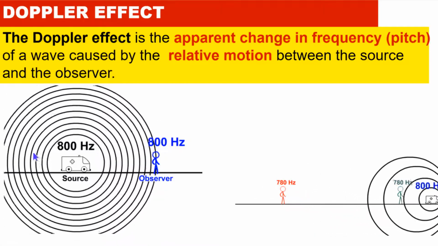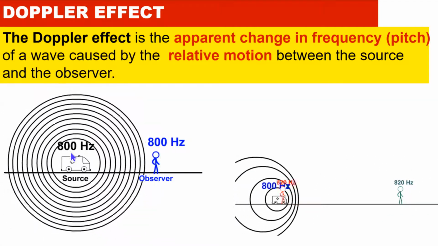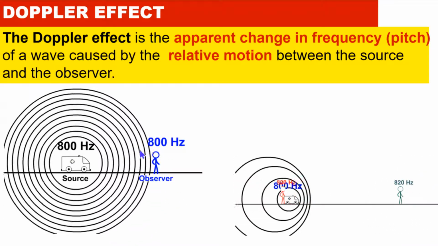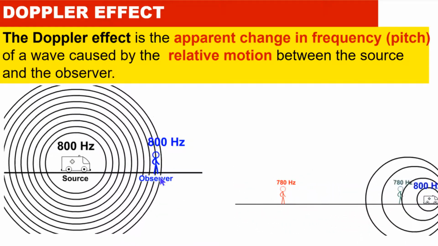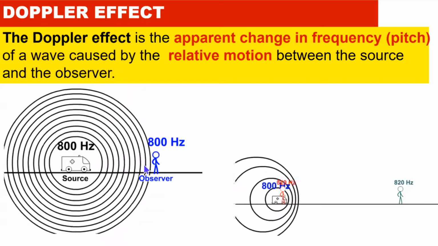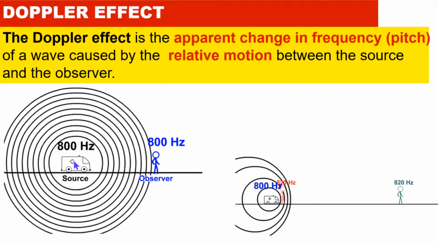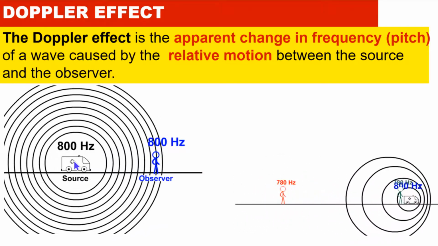If you look at the first animation, you can see that the source is at rest and the observer is also at rest. We can say there is no relative motion between these two. So the frequency produced and the frequency observed are the same.